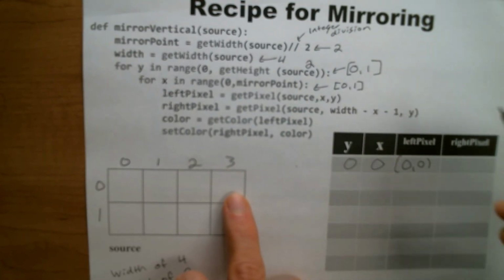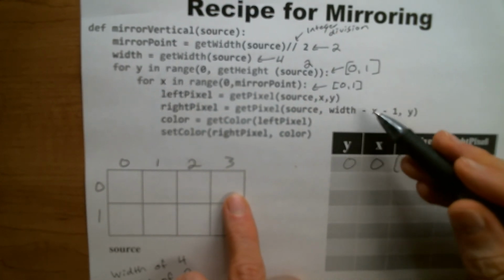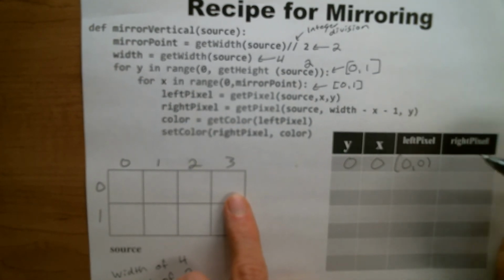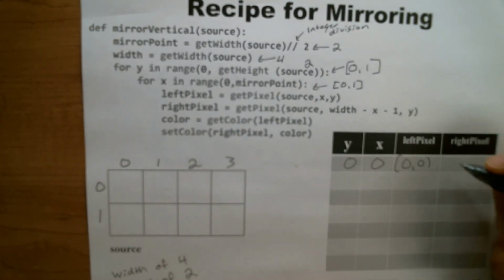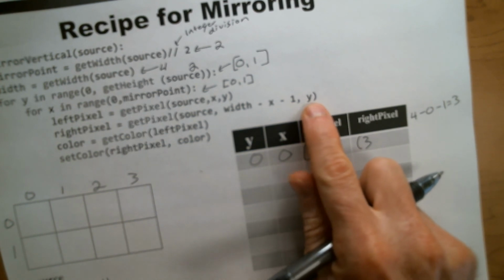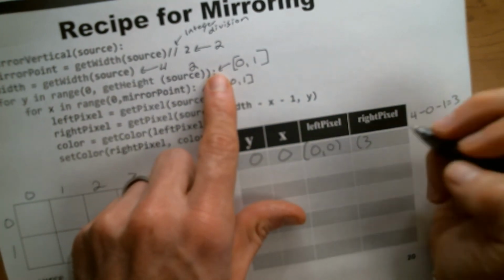So the very first time, it's going to be 4 minus 0, because x is 0, minus 1, which is going to give us a pixel of 3. That's where that 3 is coming from. Now the y is just the y, which we know from our outer loop is 0.